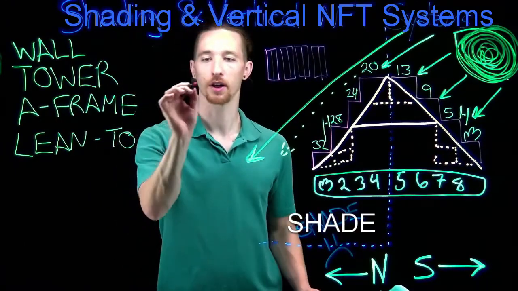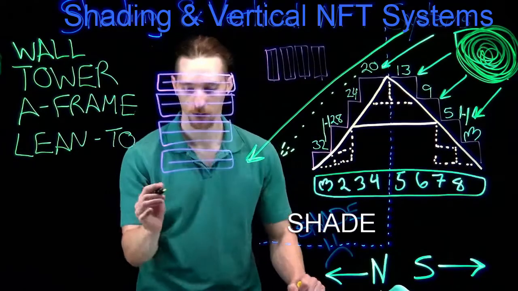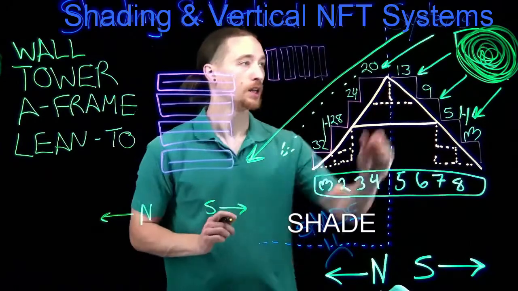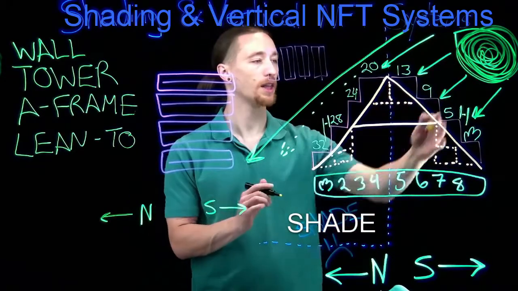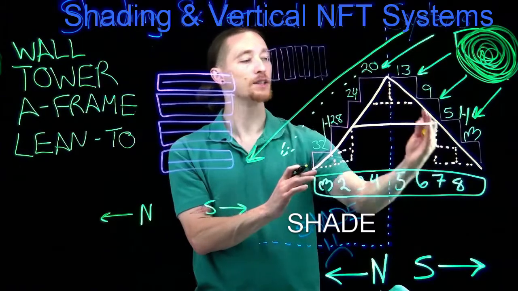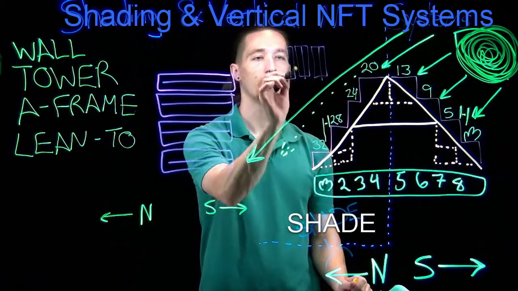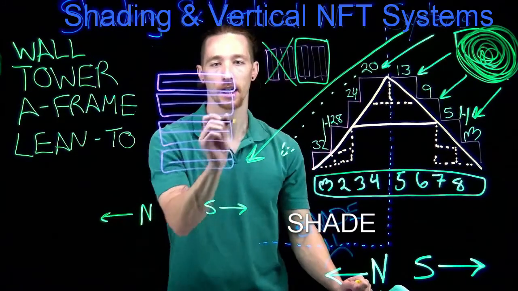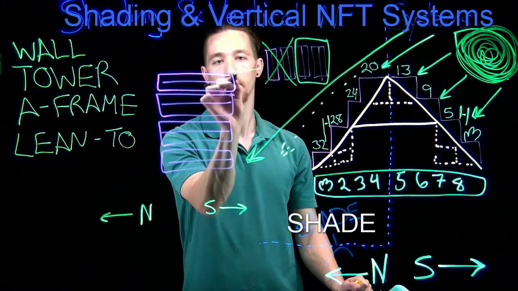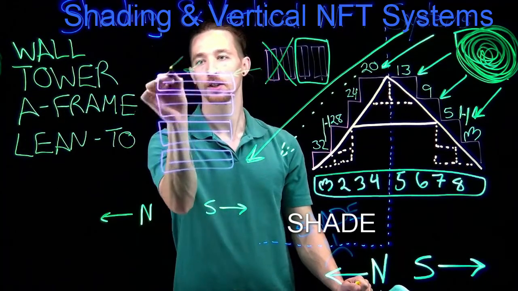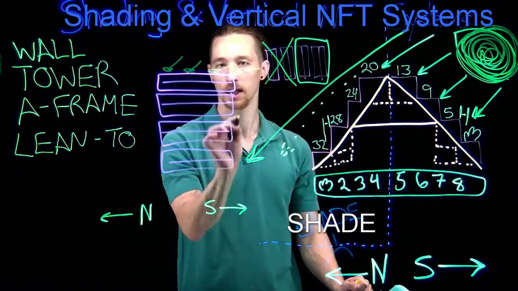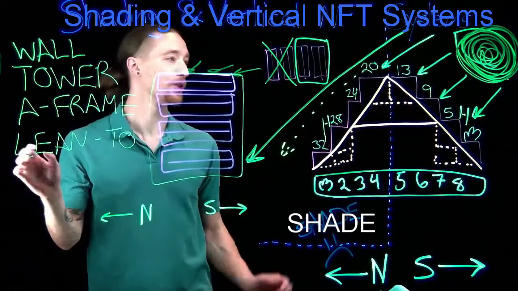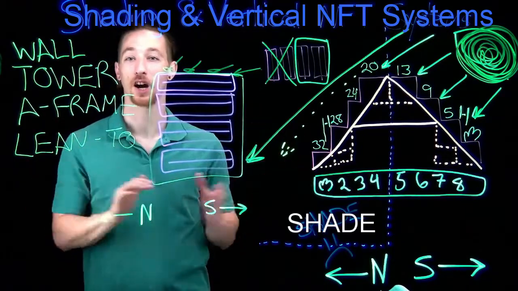If we change it around and orient the shelves this way, with the same sunlight orientation, north, south, now all this glorious sunshine, rather than hitting the rising half of the A-frame and leaving the far half in shade, now we have all the sunlight coming in and gracing the entire length of these channels and leaving it all in glorious sunshine.